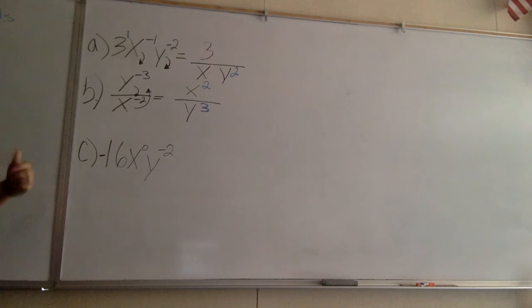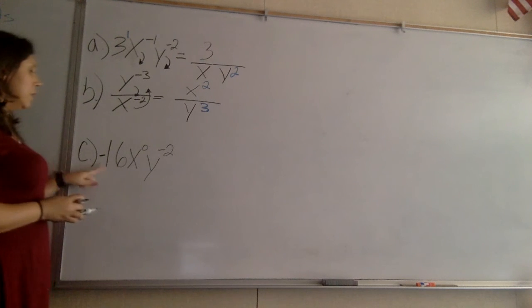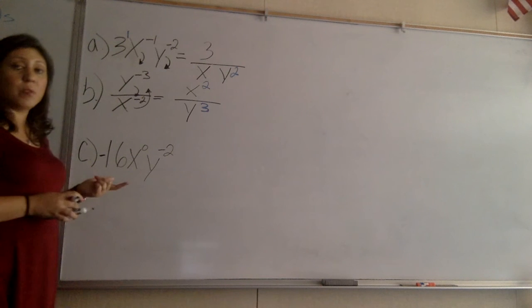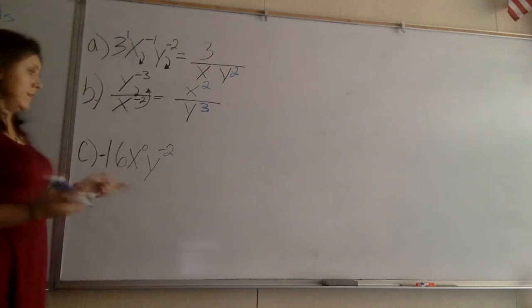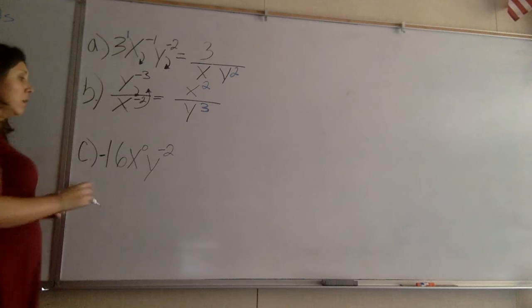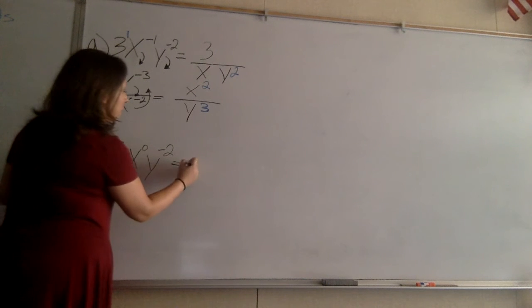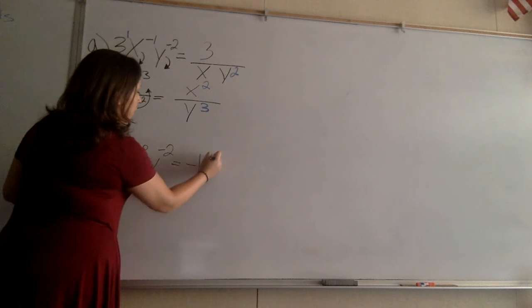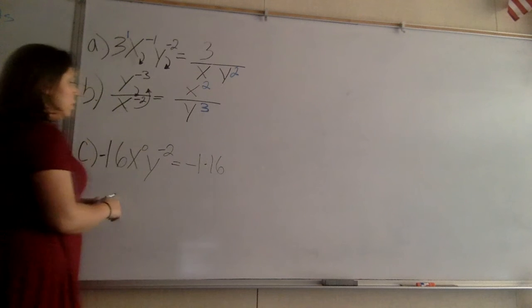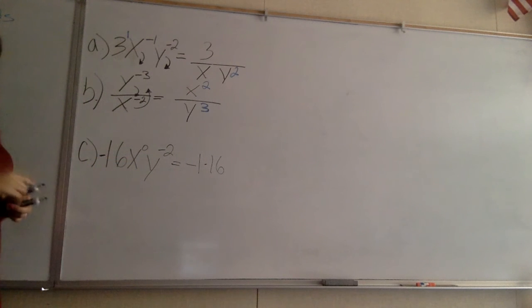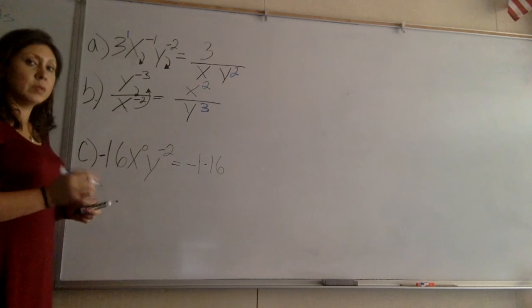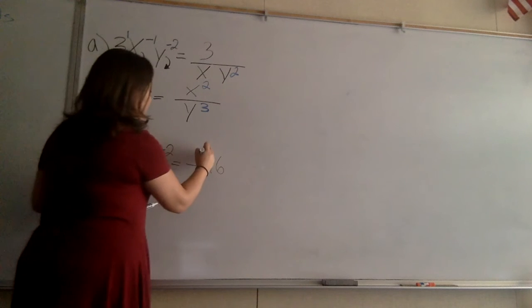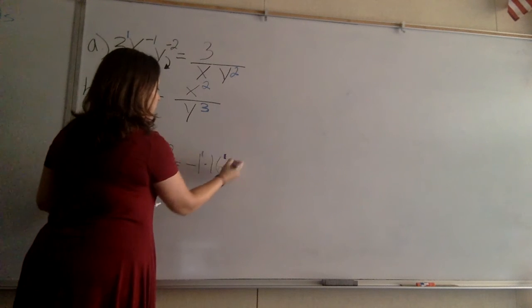And the last one is kind of combining everything that we have learned so far. I do have this negative 16. Does it have parentheses? It doesn't. So we're going to treat it separately. We know that it's the same thing as negative 1 times 16. What exponent does each one have? 2? No, it's 1. So I'm going to have a 1 here and a 1 here.